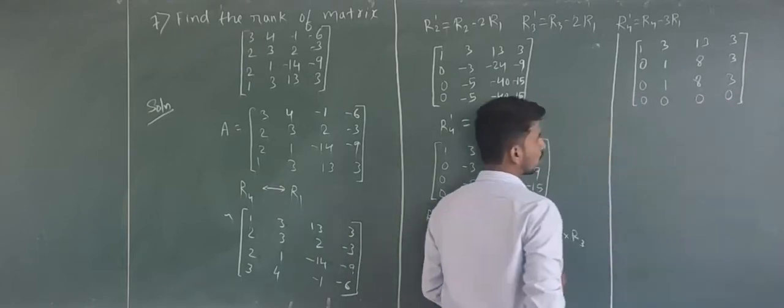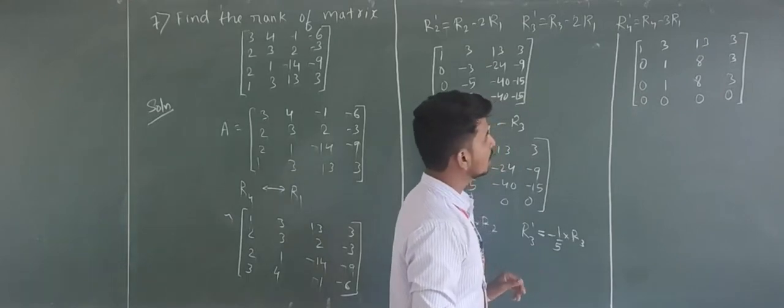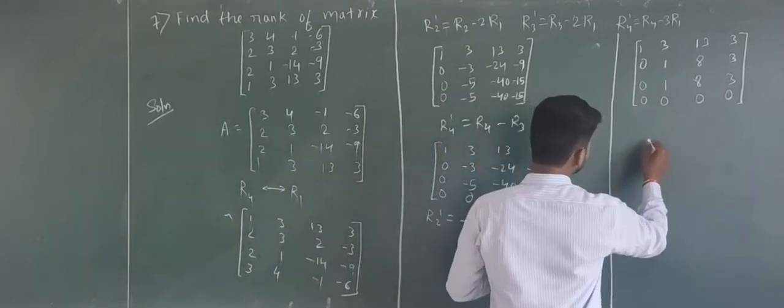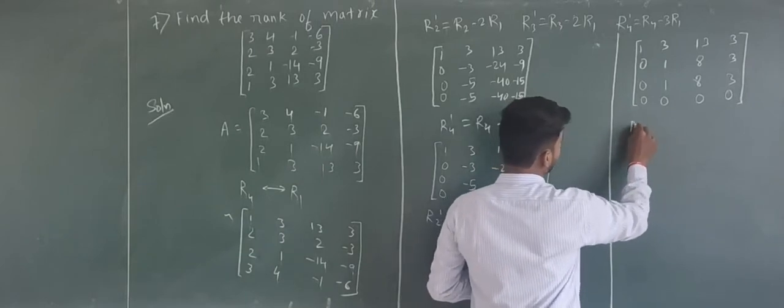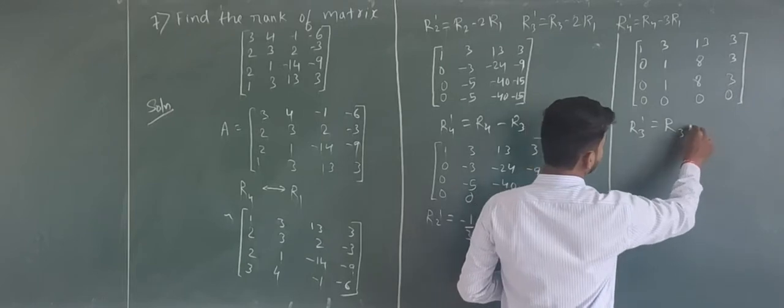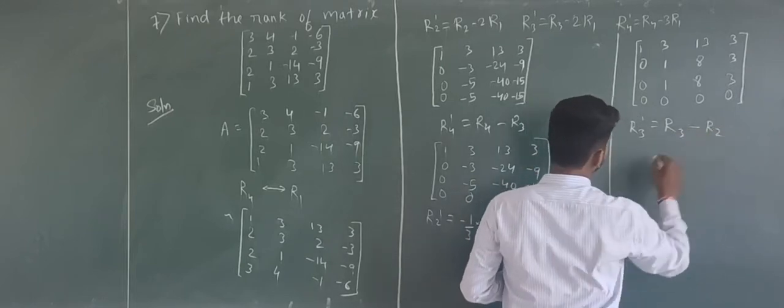Now the second row and the third row are equal. So by using the second row we will reduce the third row, that is R3 dash equal to R3 minus R2.